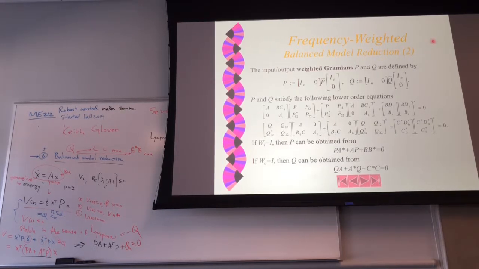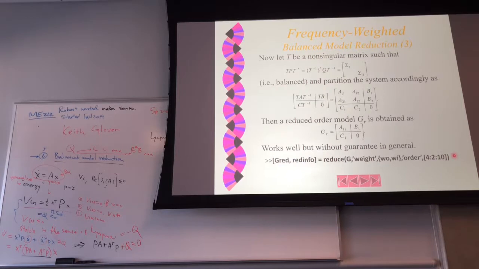Then you can have the Gramian again, but in this format, because it may not be minimum. There are some tedious derivations here.